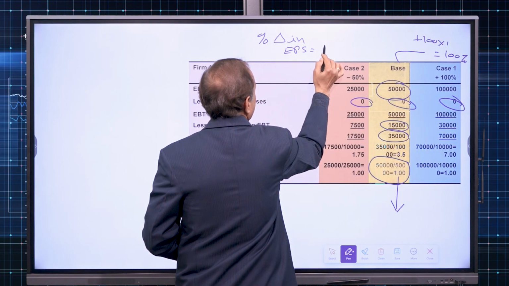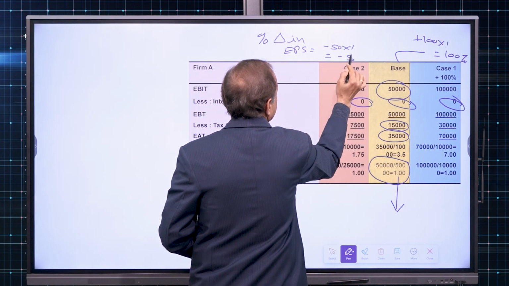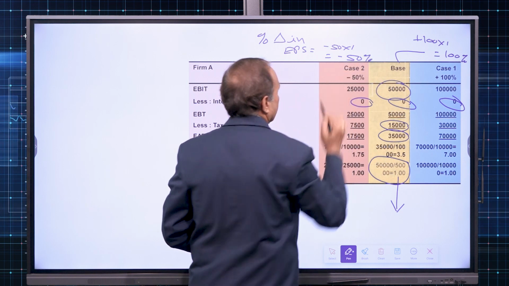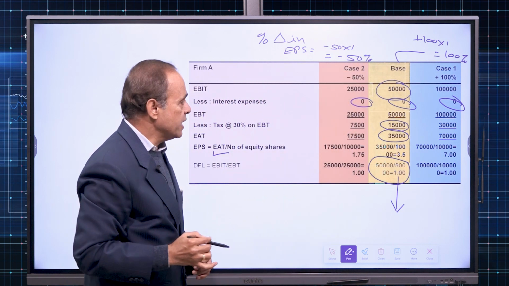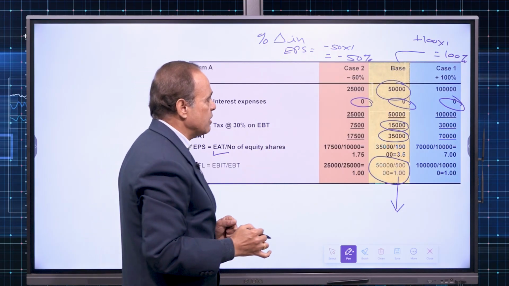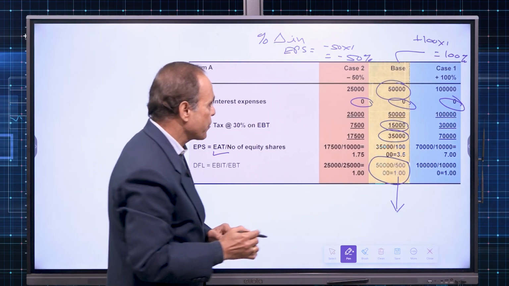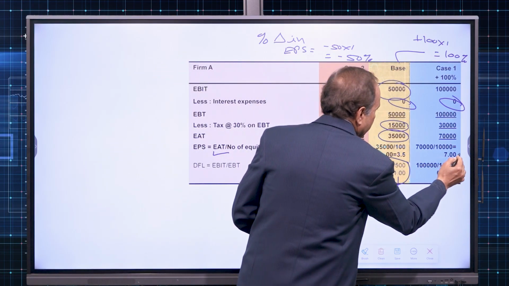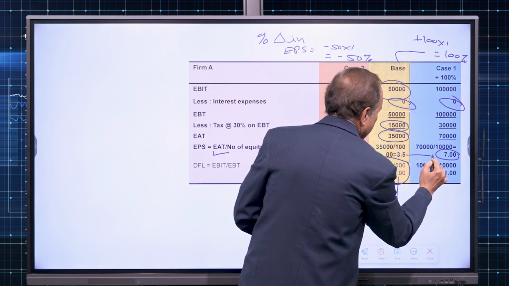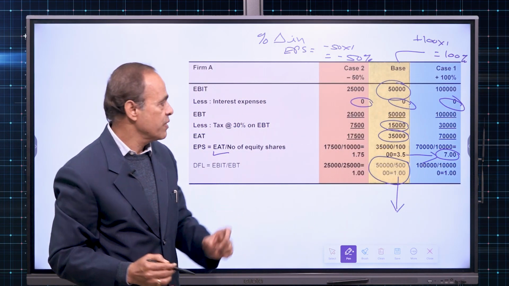For this case it will be minus 50 multiplied by 1, that is minus 50%. At case 1 also we have EPS. EPS calculation is the same mechanism. How much is EPS? 7. So from 3.5 it becomes 7, a 100% jump.